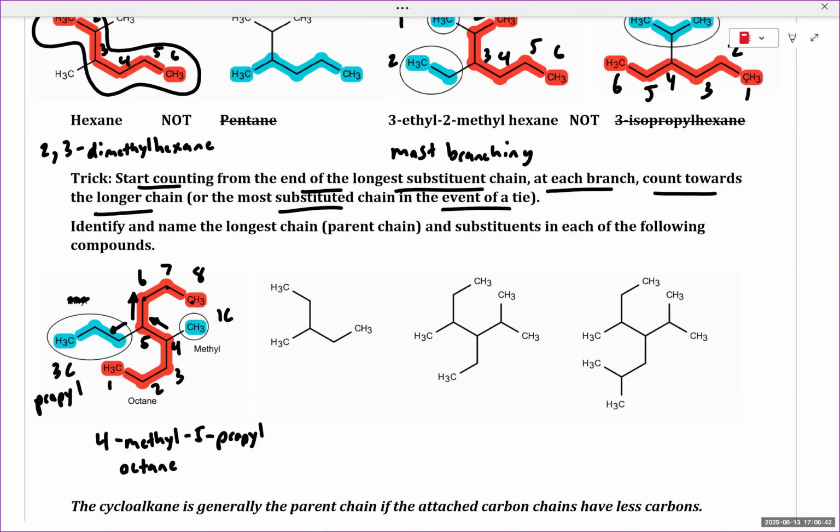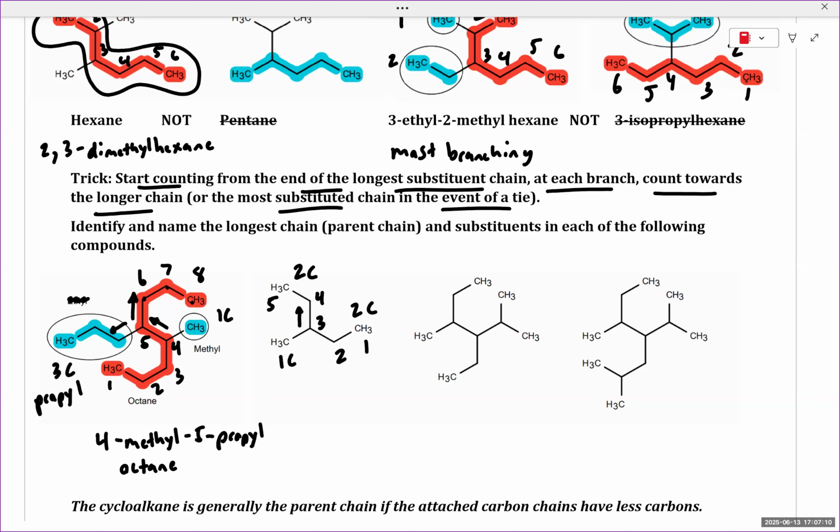Okay, so first and foremost, looking at our chain length, we have a 2-carbon, 1-carbon, 2-carbon chain. So I'm going to start at the end of one of our 2-carbon chains. I'm going to count 1, 2, 3. Now I have a choice between a 1-carbon and 2-carbon side chain, and I'm going to count up towards the 2-carbon side chain because we want to count towards the longest overall chain length. That gives us 4, 5.